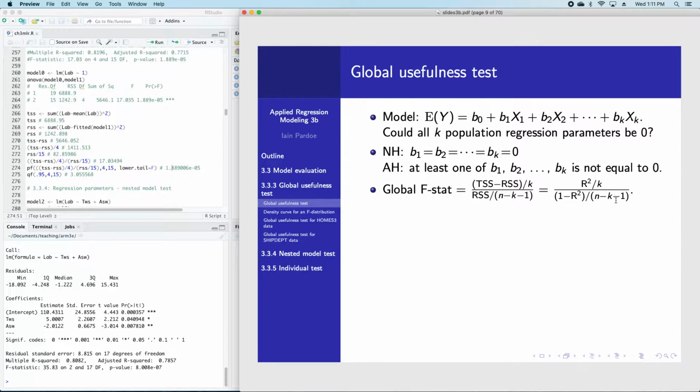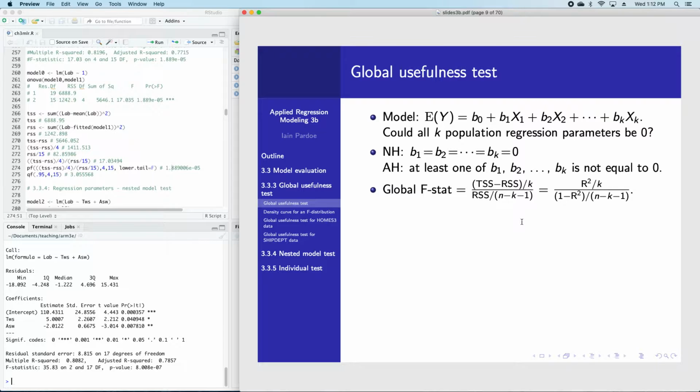An alternative formula uses R squared instead to calculate the value. They're both equivalent, and typically we're not going to worry about calculating this by hand because we're going to leave it to statistical software. That said, it can be helpful to work through this calculation a few times because it helps with understanding what the test is trying to do.